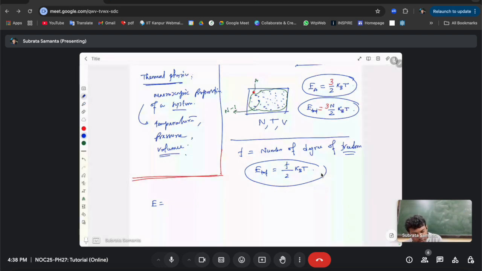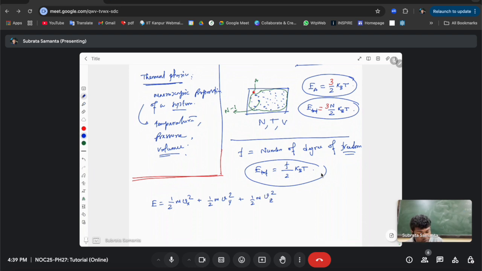Kinetic energy, right? So half m Vx squared, and similarly half m Vy squared in the y direction and half m Vz squared in the z direction for a single particle.